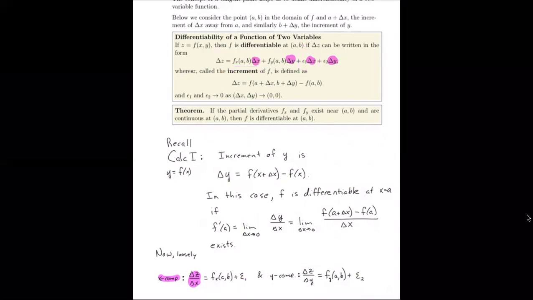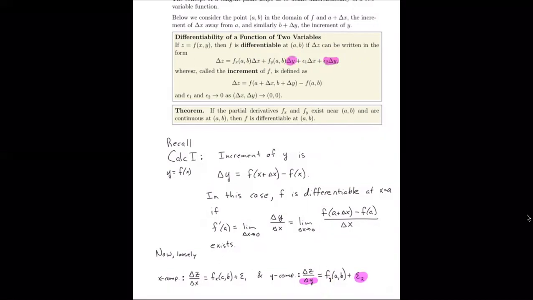Similarly, in the y component, we have delta z over delta y, and that, loosely speaking, is the contribution of delta y to delta z. And we have the derivative of z with respect to y in that case, plus some epsilon. Now, as delta y goes to 0 here, this epsilon 2 should go to 0. So both of these are running to 0, as well as this.